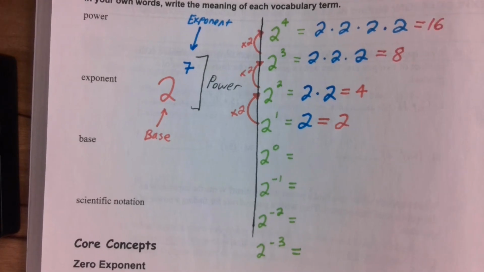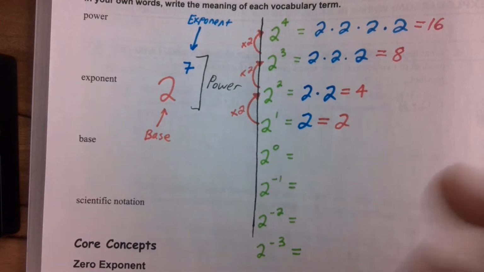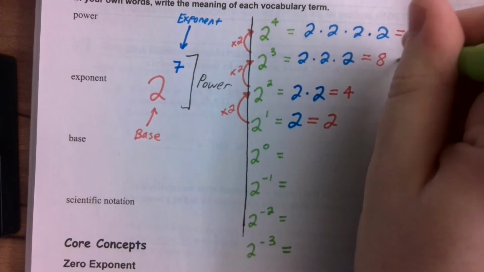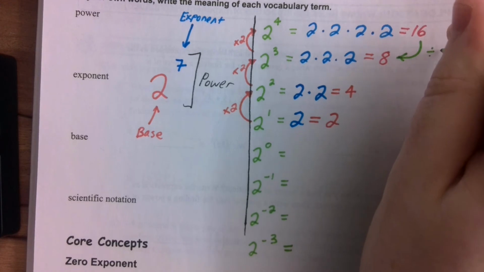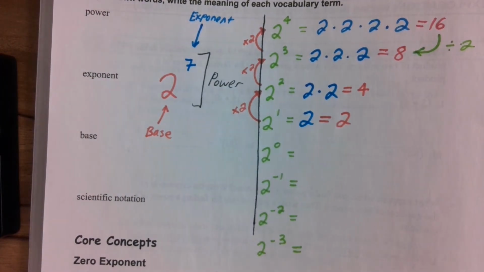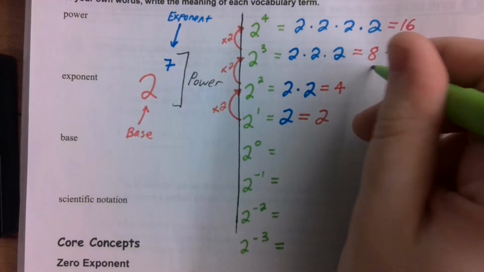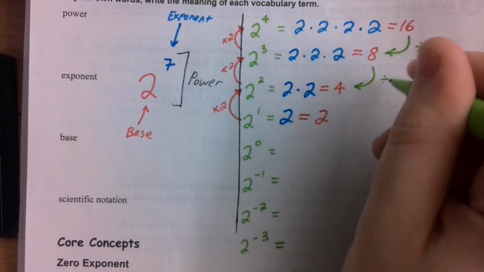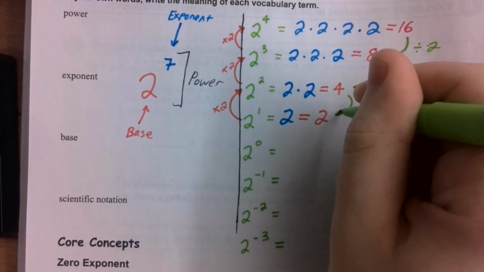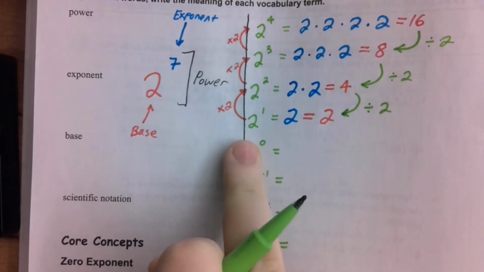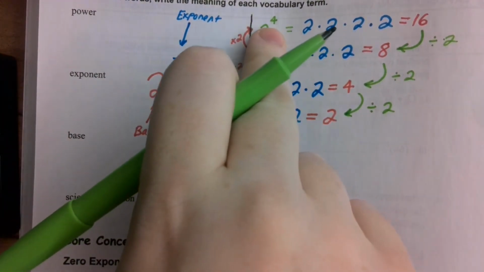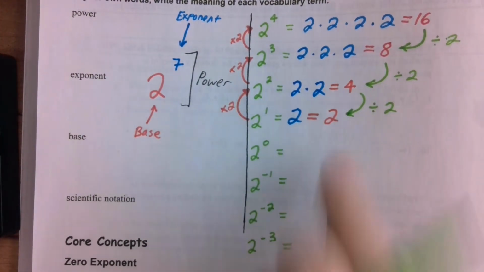Going down the chart, the way we get to 8 from 16 is we divide by 2. 16 divided by 2 is 8. 8 divided by 2 is 4. And 4 divided by 2 is 2.